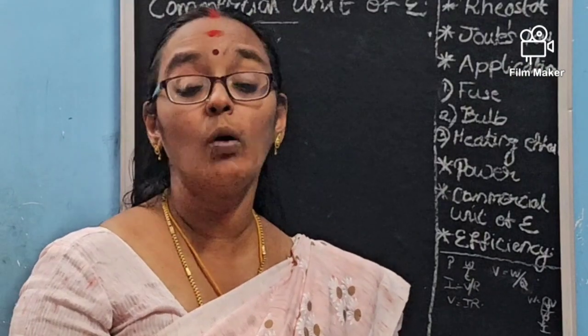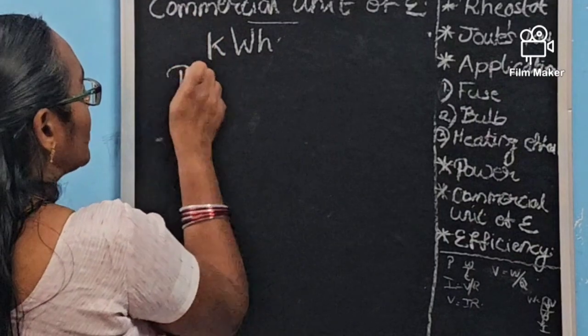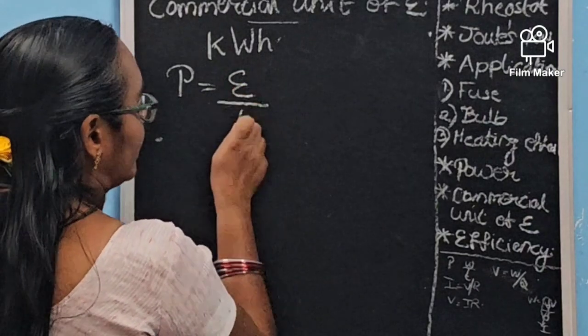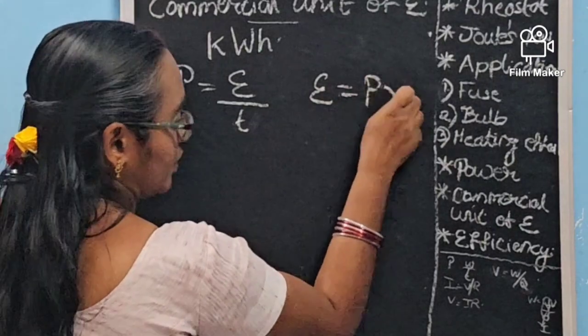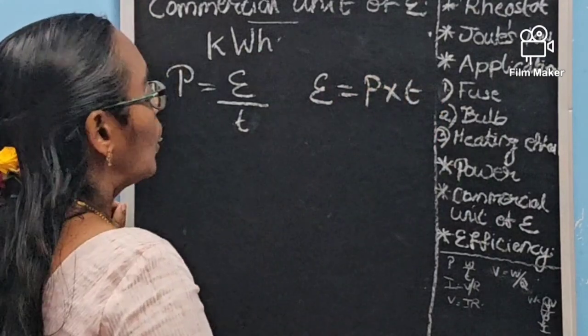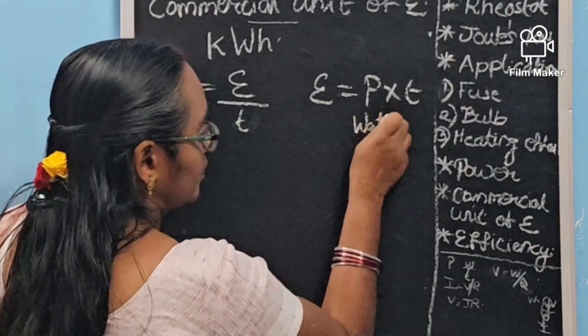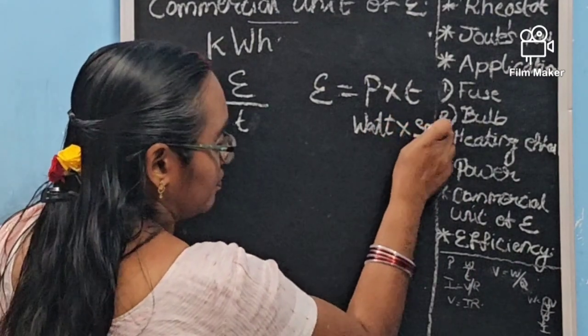How do we get this kilowatt hour? We know the equation for power. Normally we say power is energy by time, isn't it? So energy is equal to power into time. What is the unit of power? Unit of power is watt. Unit of time is second.